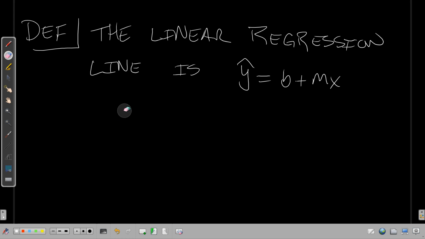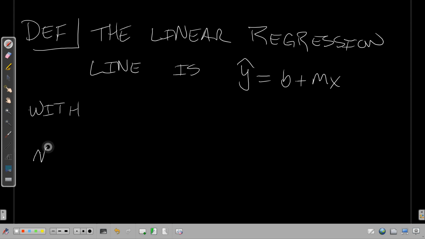And if that's our line, and we're calling it y hat, and it has this y coordinate for the y-intercept, and it has this slope, how do we get that slope and y-intercept?